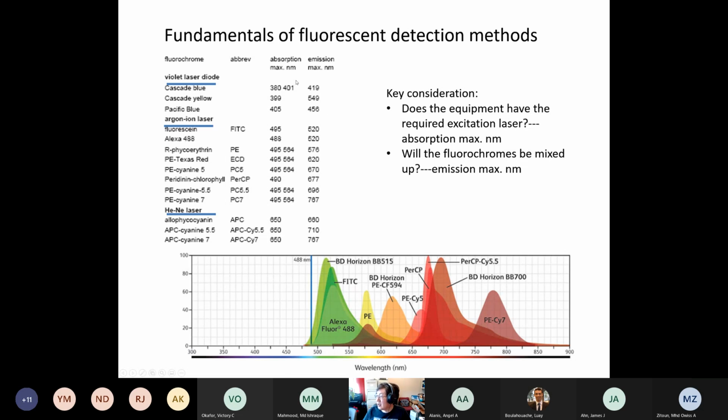So basically, you check their absorbance wavelength to determine what laser beam you are going to apply to this particular fluorochrome. And then you look at the emission wavelength to decide what filter to use to capture the light.